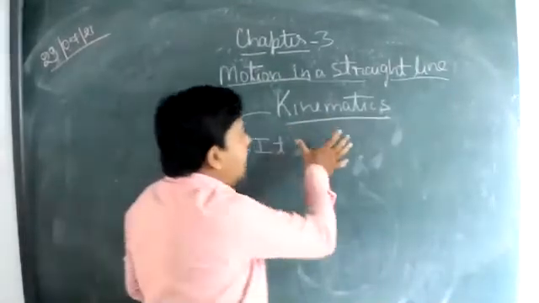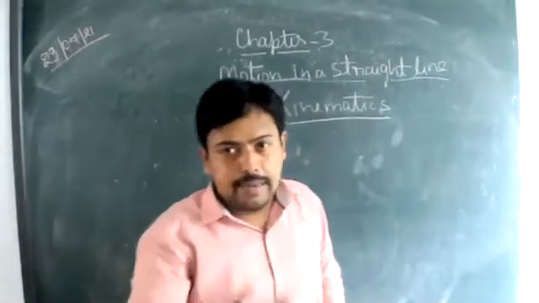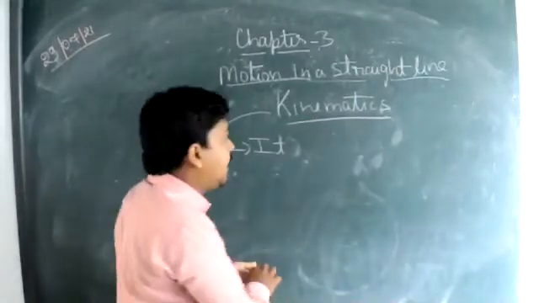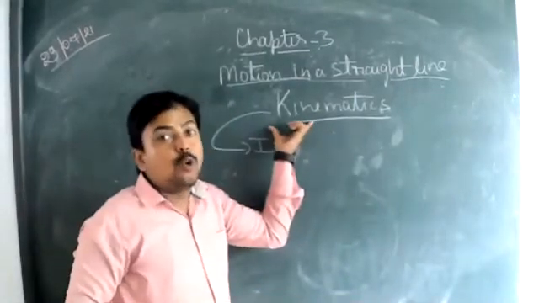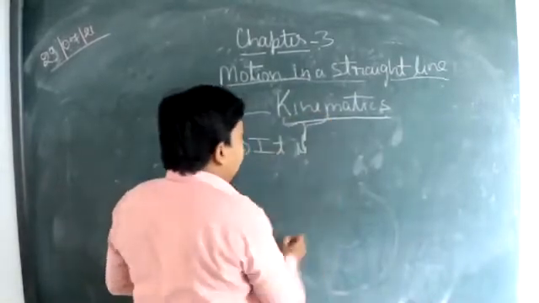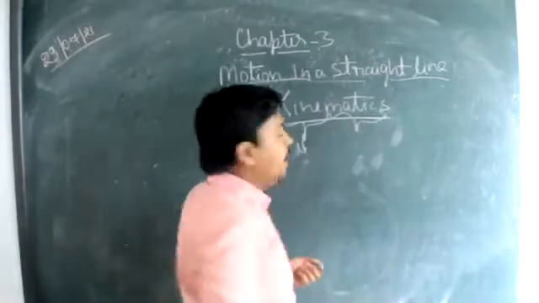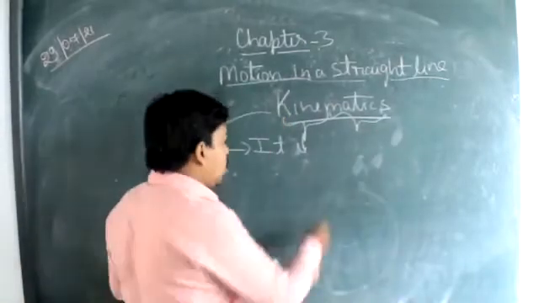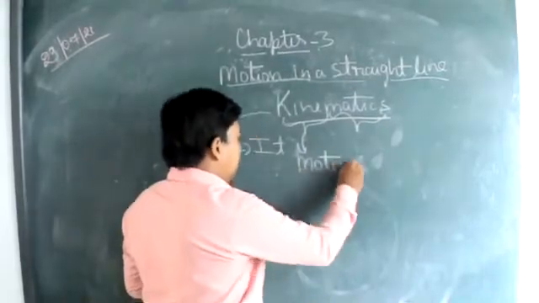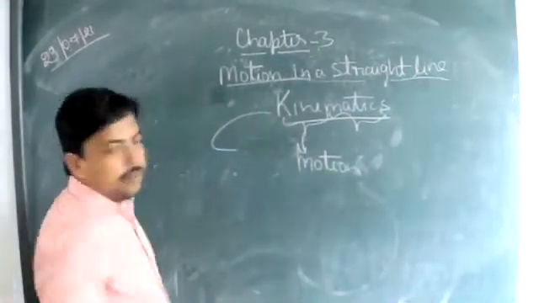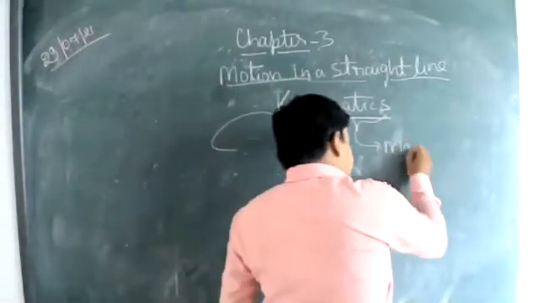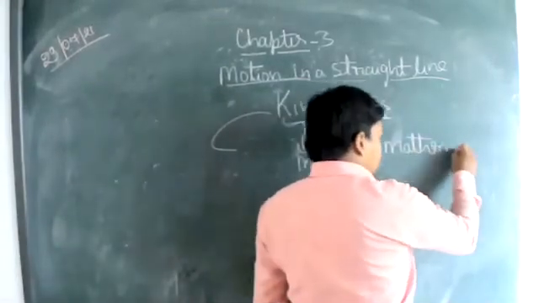This word has its origin from Greek, and if we split this entire word, it can be split into two parts: kine and matics. Kine basically stands for motion of an object, and matics stands for maths or mathematics.